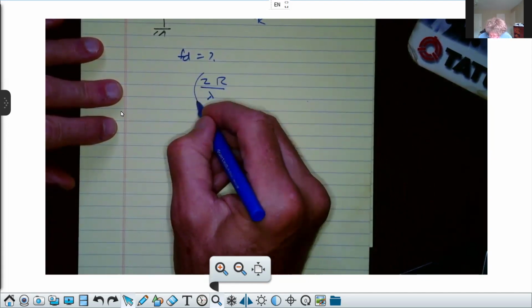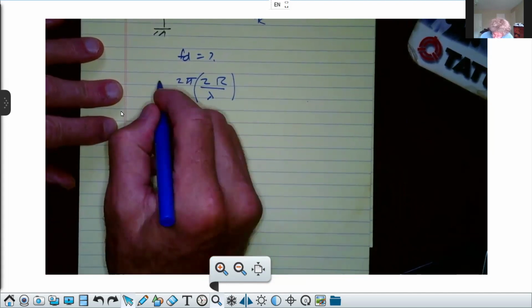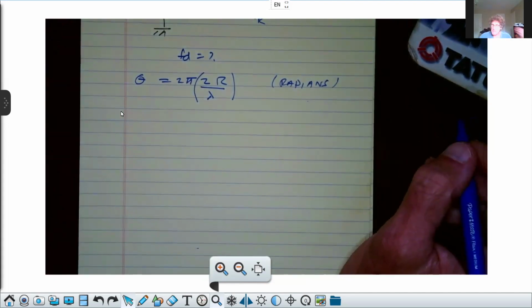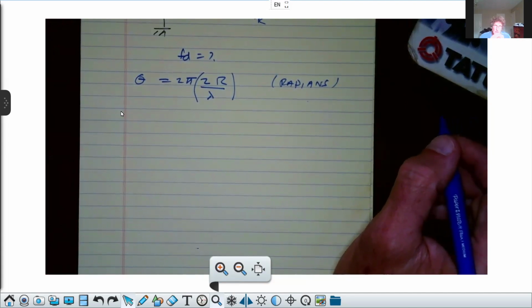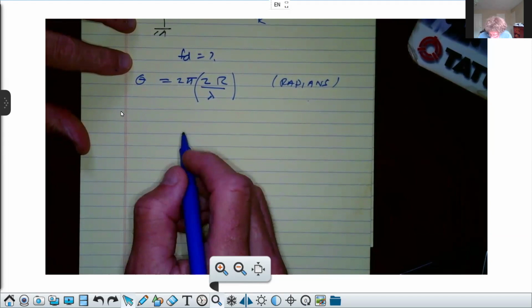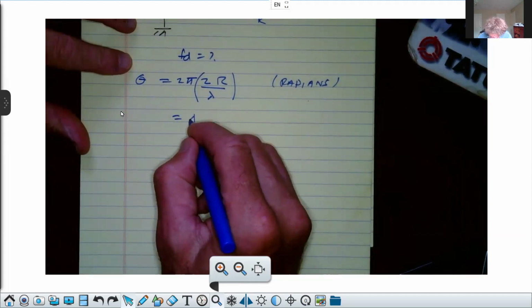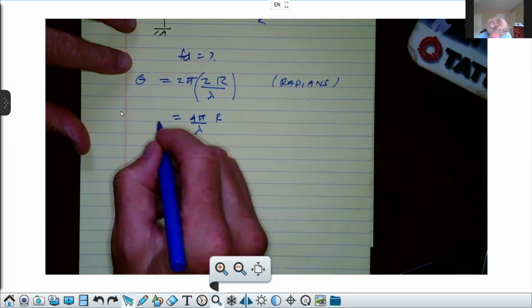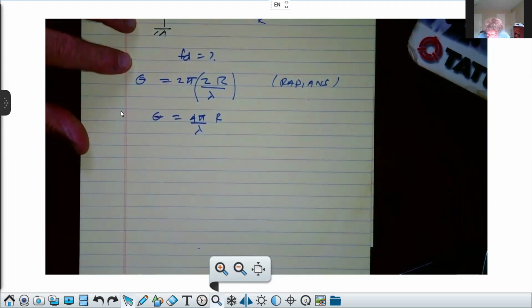Now, if you multiply this by 2 pi, now you have the total amount of radians that the signal changed by from the time you transmitted to the time it came back. And this is an important part. You can see that this is really 4 pi over lambda times r. And that's the number of radians that the actual signal changed by.